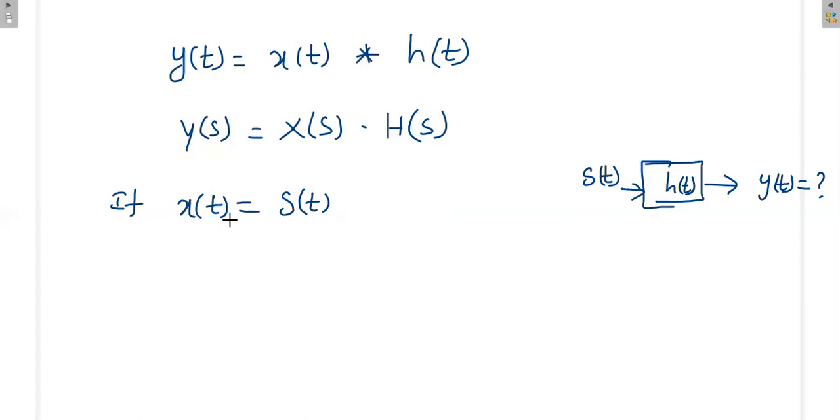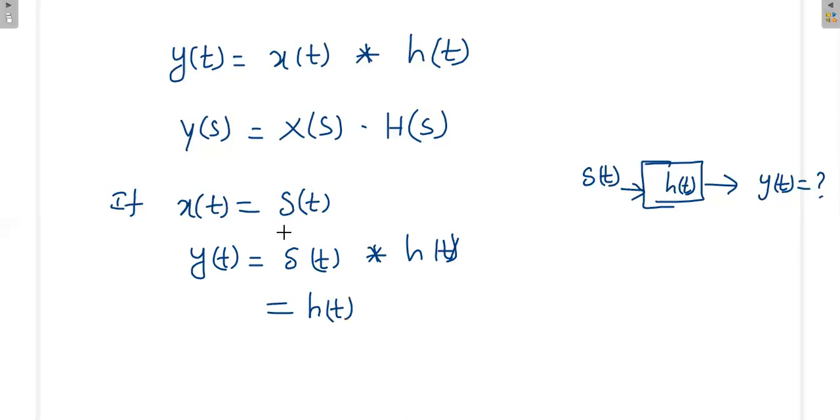If the input is equal to del t, then the output y of t is equal to x of t, that is del t convolution with h of t, and del t convolution with any signal gives that signal, that is h of t. So when we apply del t as the input, the output response is the same as h of t.